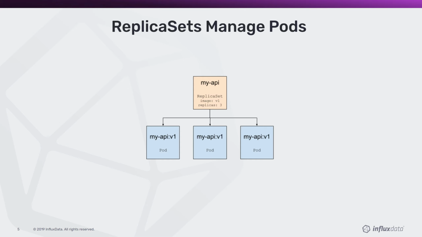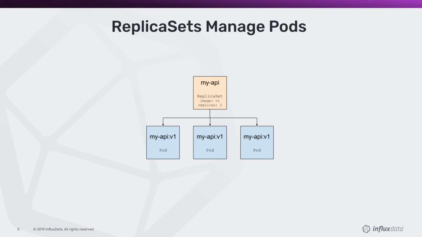Now have a think about how we would roll out a change to our application. So I've said here it's on v1. Let's imagine we make some new feature and it's now at version 2, and we want to roll that out. How would we do that with a replica set? We can't just say do this now, use this new image.